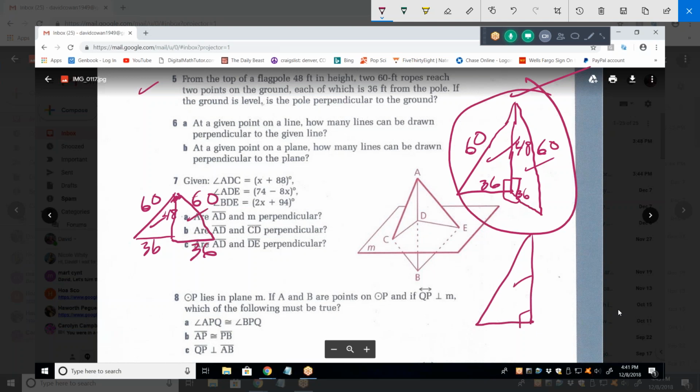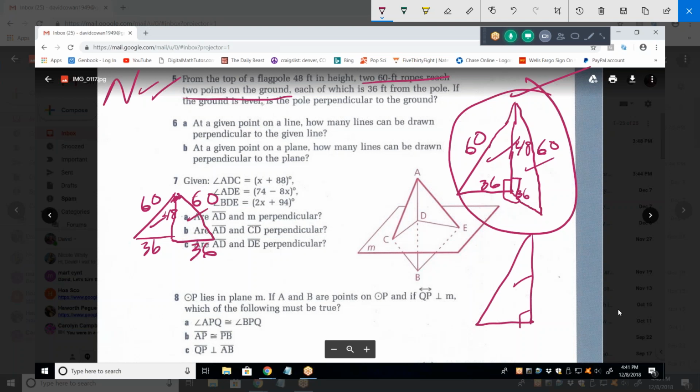Wouldn't work. No. So this is another, what I would call an ambiguous question. He hasn't given us enough information. I guess if he says two 60-foot ropes reach 2 points anywhere on the ground, then no, the pole does not have to be perpendicular.